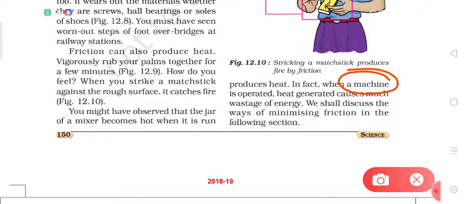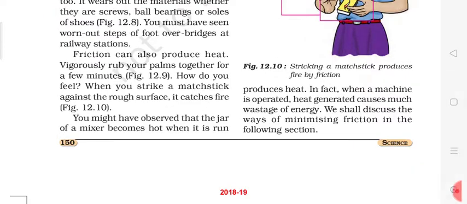So while the machine parts are moving, a lot of energy is wasted to overcome the friction between the parts, and this movement generates heat energy, and the heat energy produced is actually the wastage of energy while the machine is moving.